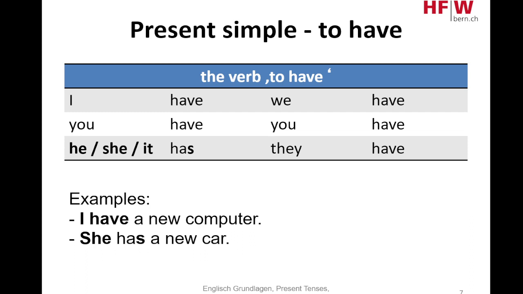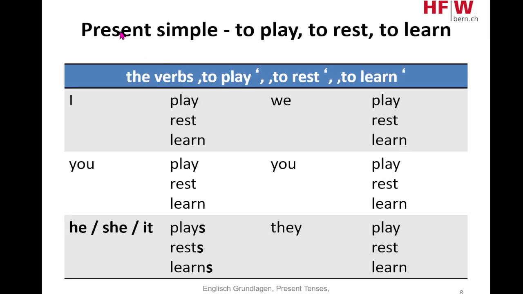Okay, one more. Present simple, to play, to race, to learn. So how are they different? The verbs to play, to race, to learn. Example: I play, I race, I learn. So why don't we have an s here?